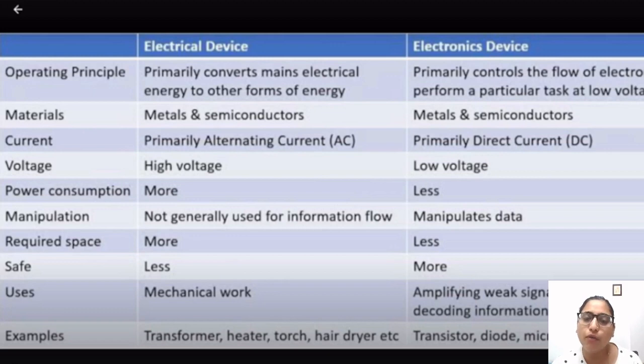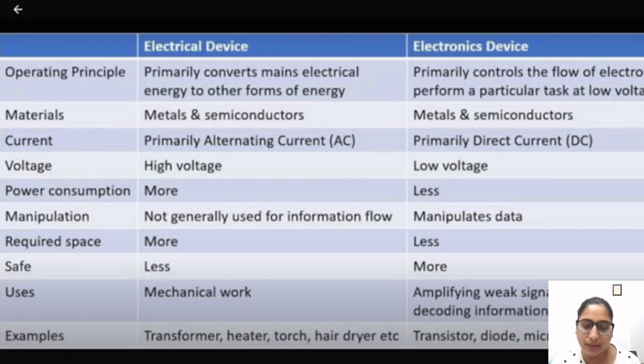If I move it fast, then the water is flowing fast. So this is the main purpose of an electronic device, that it can manipulate the flow of current with these kinds of switches. BJT is a simple transistor which can be used as a switch also. So this is the meaning of the operating principle of electronic devices.